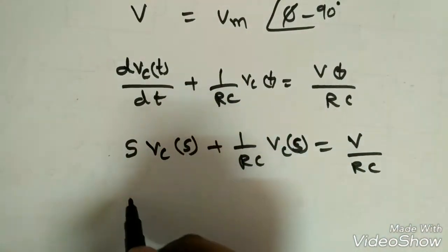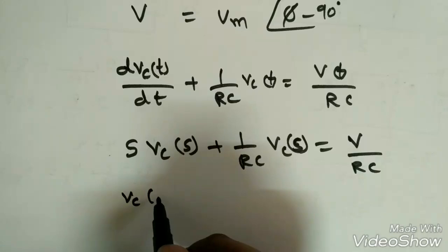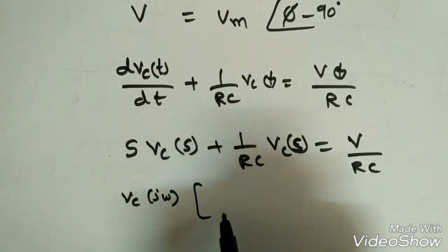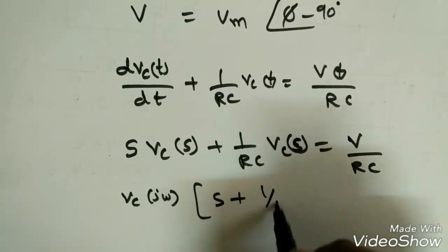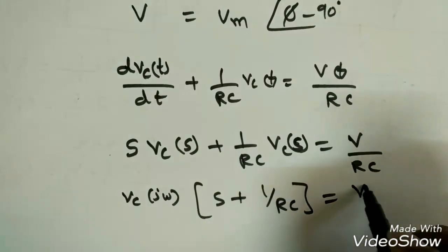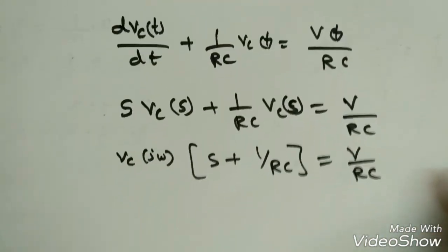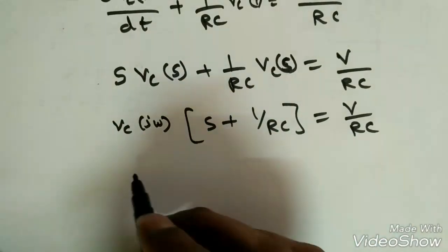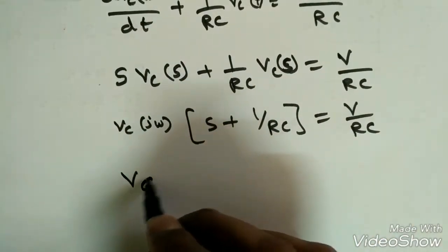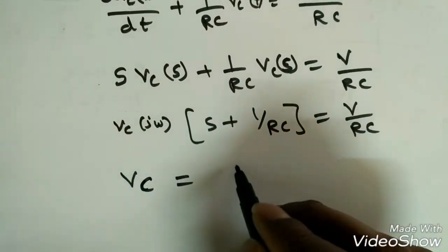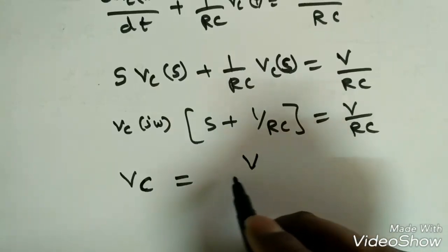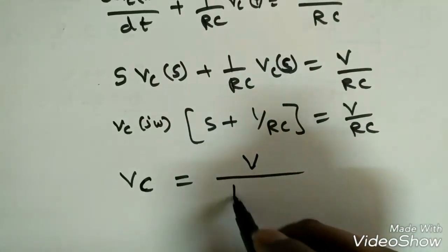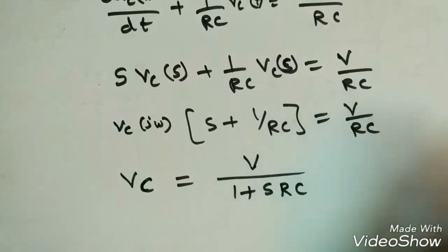Now in phasor domain, it will become VC of j omega. If I take it common, S plus 1 by RC is equal to V by RC. Now if I take RC common, VC in phasor domain is V by, RC cancels, 1 plus S into RC.